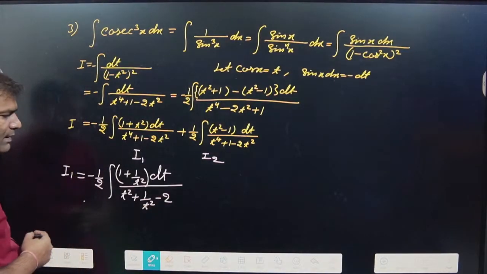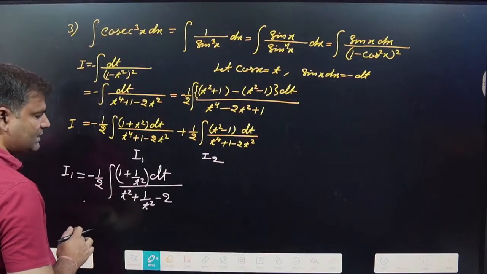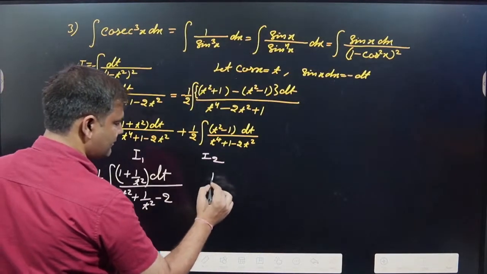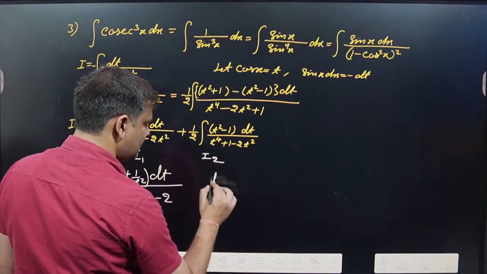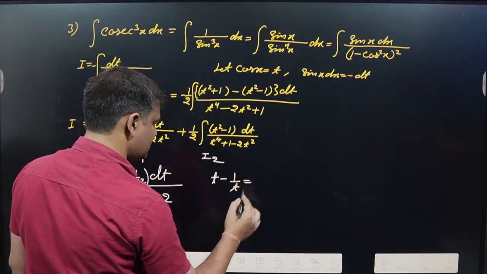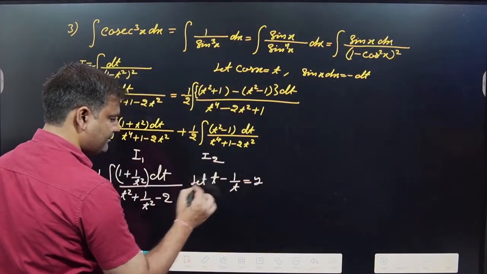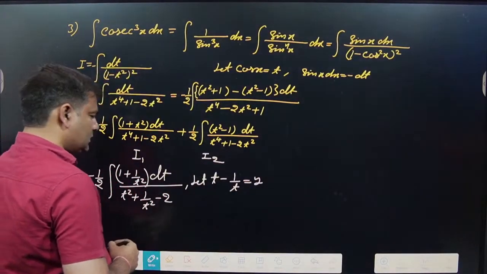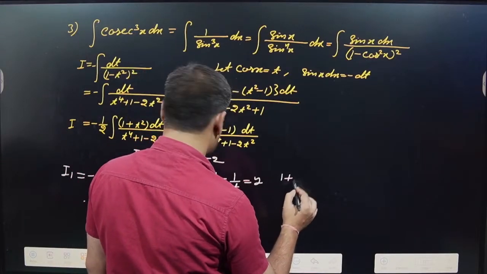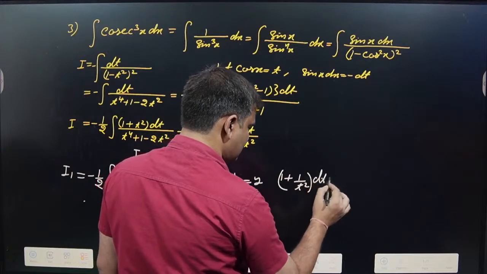Okay, clear? Now look here very carefully. In this part, let t minus 1 by t be taken as y. So 1 plus 1 upon t square dt is replaced by dy.